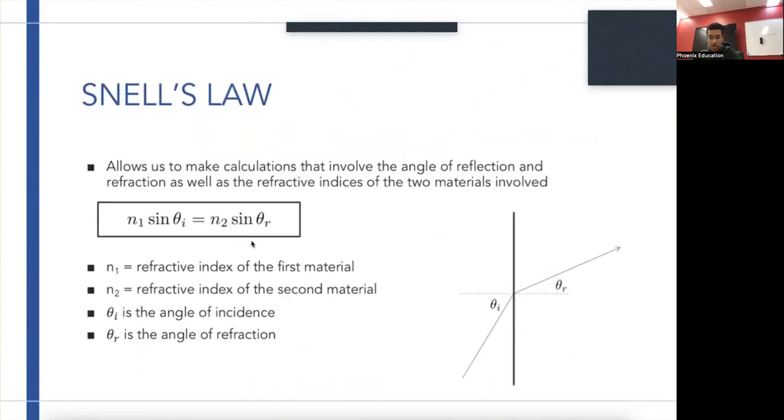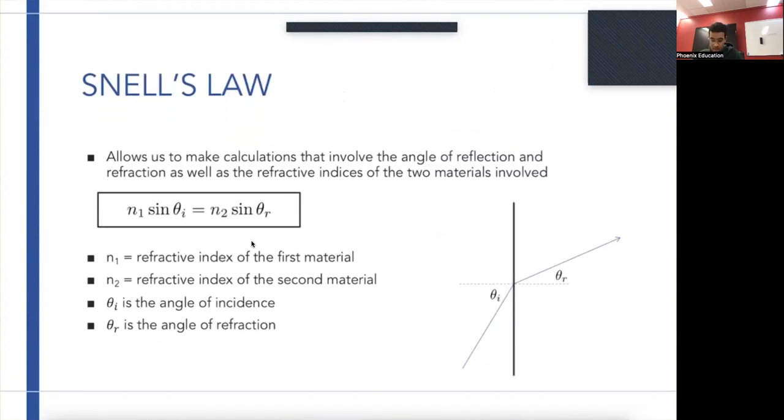The more important formula is Snell's law, and this allows us to make the calculations or to see the angle formed. It states that if you know the two refractive indexes and one of the angles, then you can determine the angle of refraction.